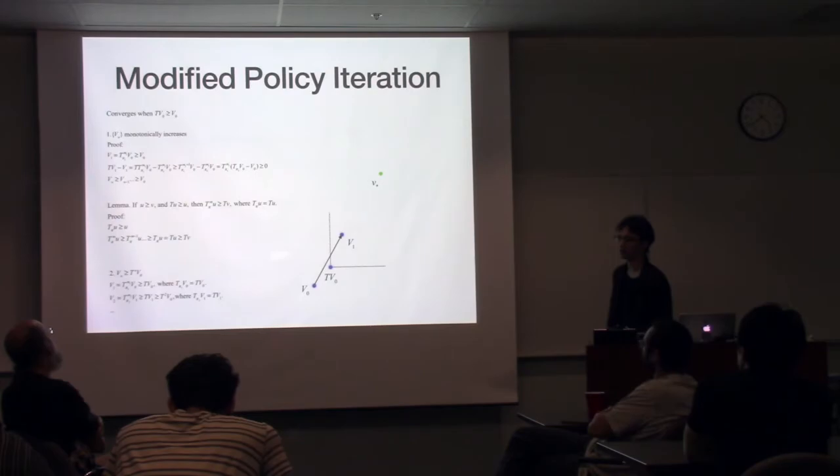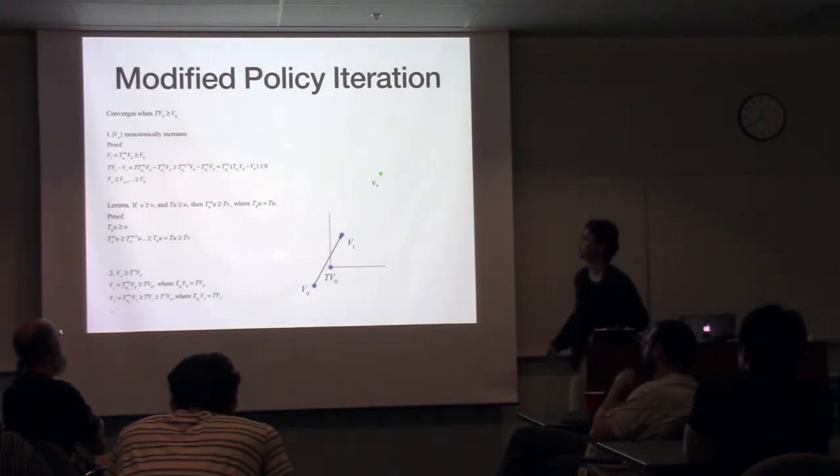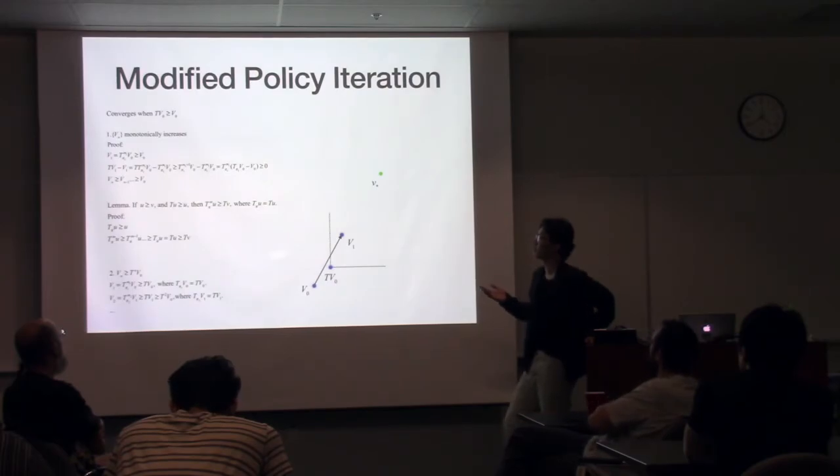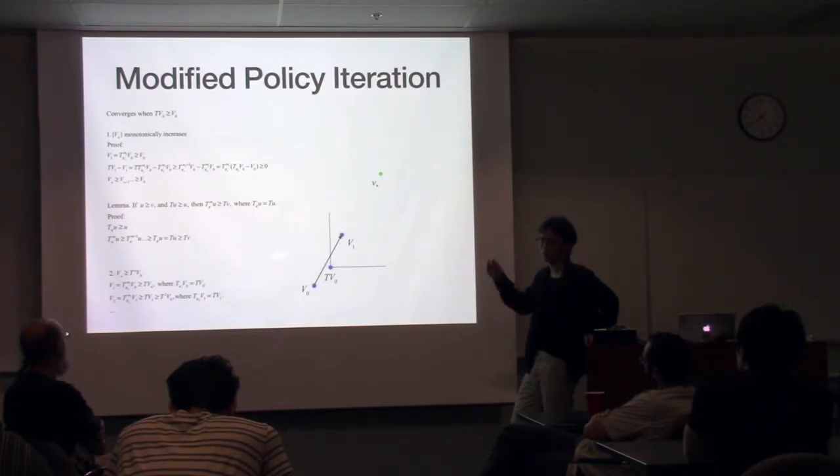Oh, so that's basically saying that we're an underestimate. Yes. As long as we're an underestimate of V star, this will be true? That's right. So for example, think about a problem where all the rewards are positive: as long as you initialize V0 to be the 0 vector, then this can be guaranteed.